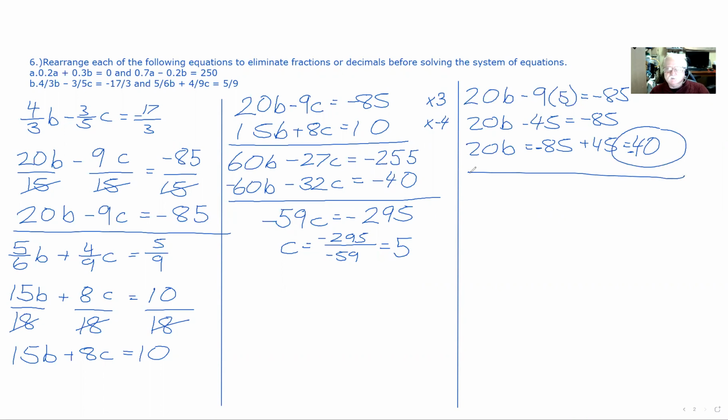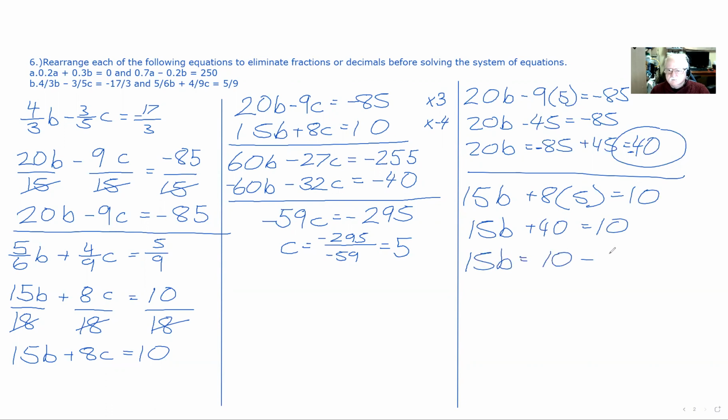Let's see what happens when we put it into the other equation. 15b plus 8 times 5 equals 10. 15b plus 40 equals 10. 15b equals 10 minus 40, which is negative 30.